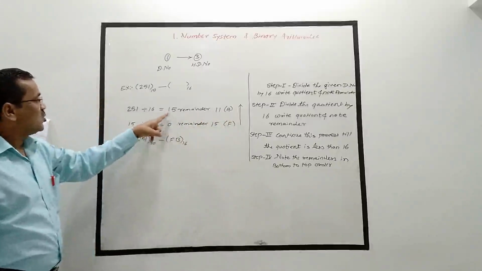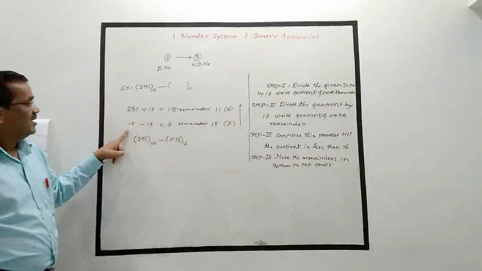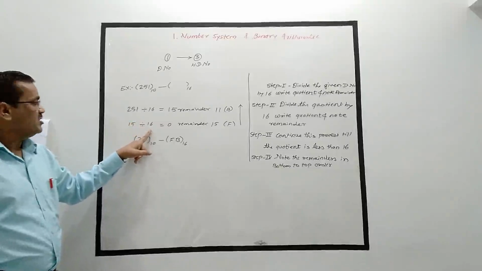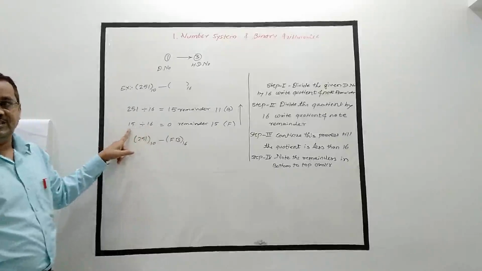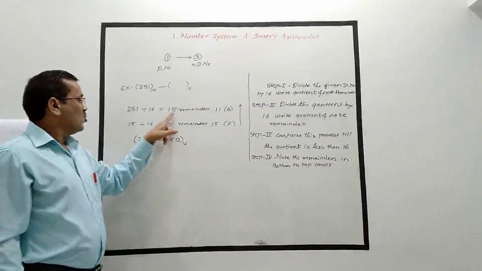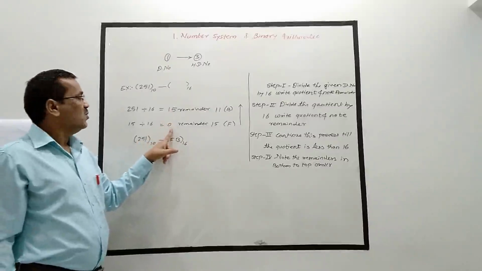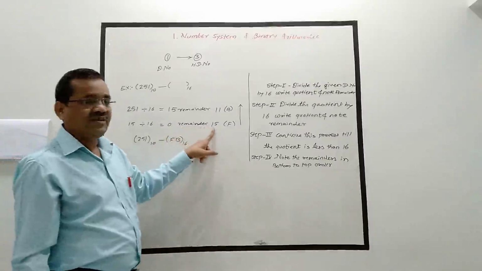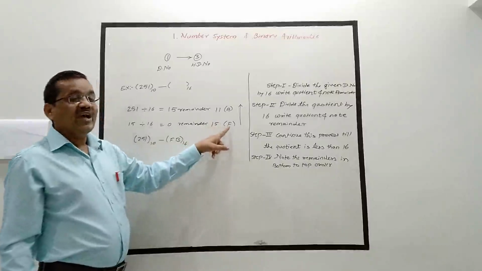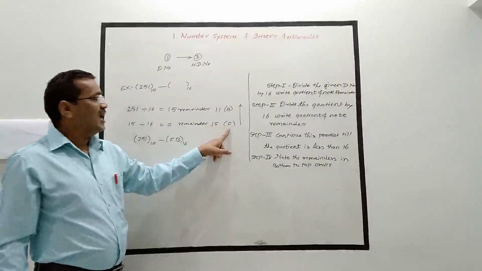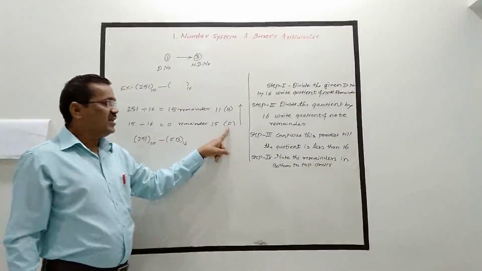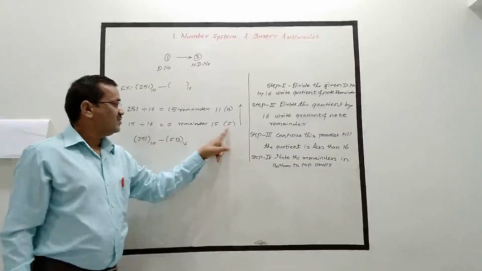Next, this quotient 15 is less than 16, so we can't divide it. So the quotient becomes 0 and remainder is 15, and 15 is equivalent to F in the hexadecimal number system. So write here F.